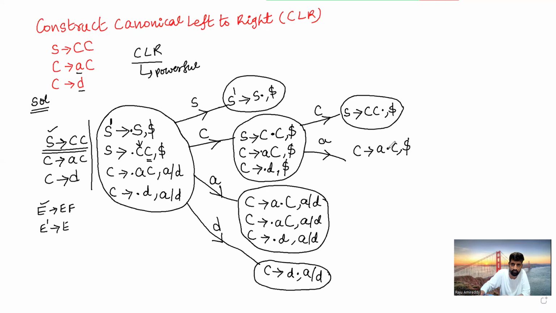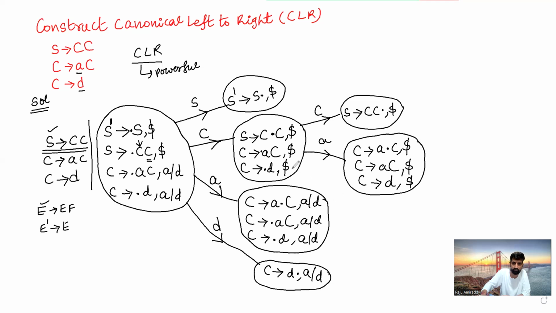For this capital C, we will write again C tends to A C, C tends to D. Okay, so for this C we have written all these values. Now what about look ahead symbols? After C, we have dollar. So first of dollar, it will become dollar here. It will become dollar here. So like this, we will complete the GOTO values.